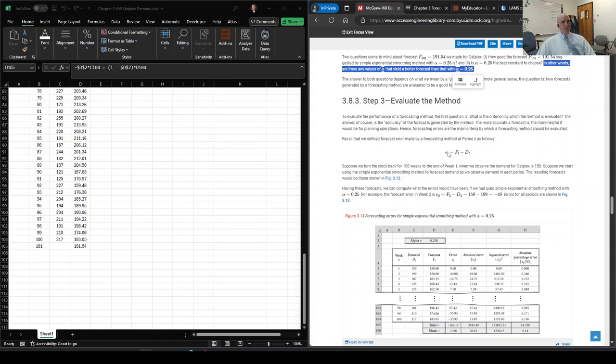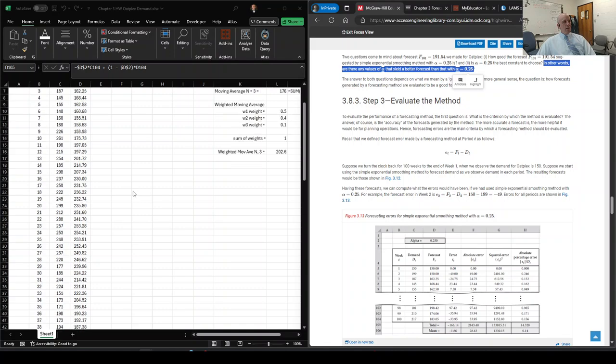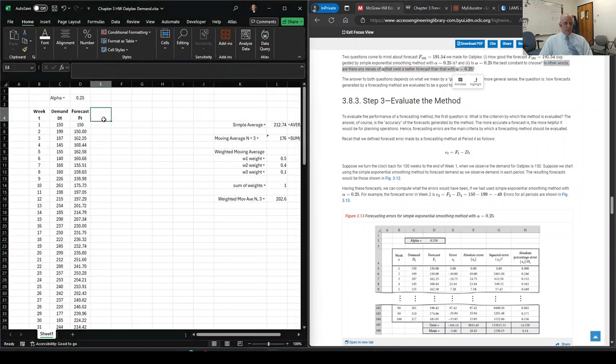Error, from a forecasting perspective, comes from subtracting the demand from the forecast. So let's build another column. This will be our error column. This will be error, and this is E of t. In fact, I could probably do a subscript here.